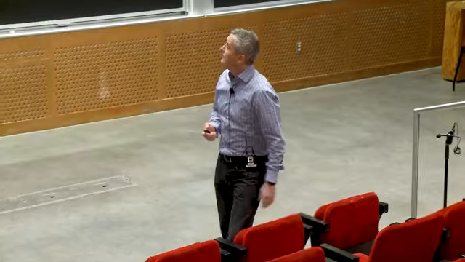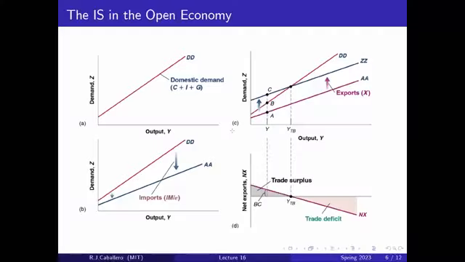Good. So let's do that. Remember, the very first diagram we had in this class was this one. This was the domestic demand, which was just C plus I plus G. It's an increasing function here because consumption and investment are increasing functions of output.